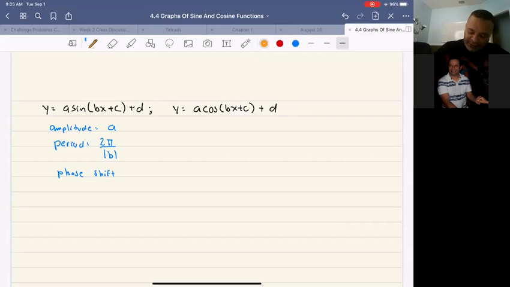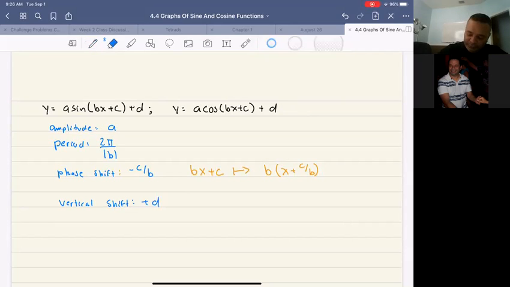So what I'm going to say is you take Bx plus C, and we're going to write this as B times x plus C over B. And that gives us a phase shift of negative C over B. So you have to just factor out that B so that you get the right phase shift. And then you have a vertical shift of plus D.